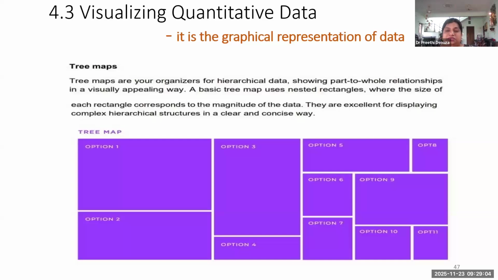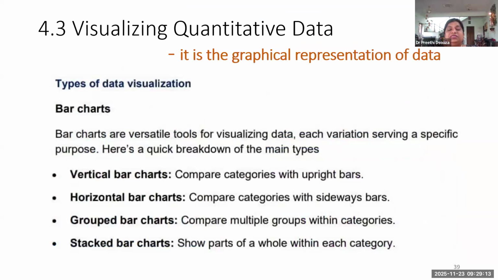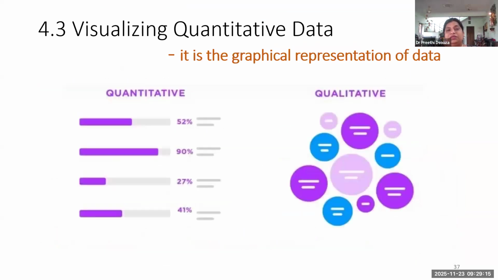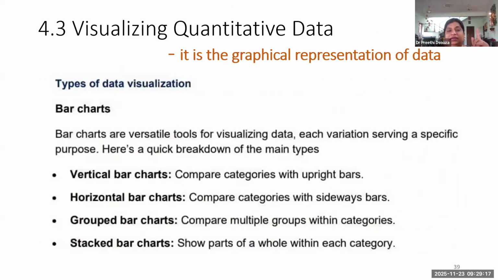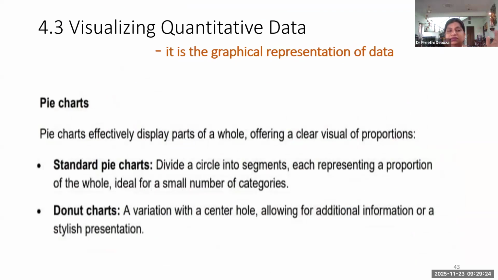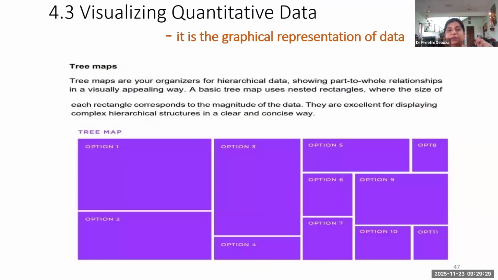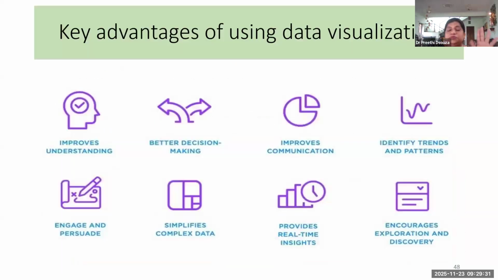These are the tree maps. You have the representation in various maps. So there are many types of graphical presentation. Quantitative data, please note: bar charts, line charts, pie charts, scatter plots, heat maps, tree maps, it keeps on going. These are your visualization techniques.